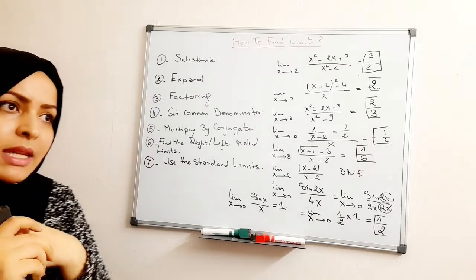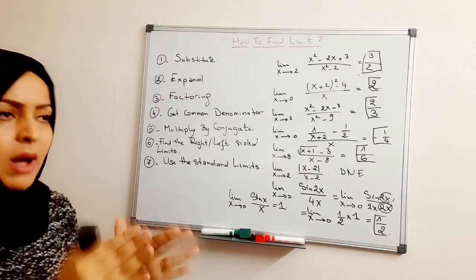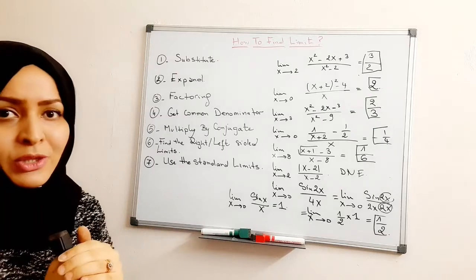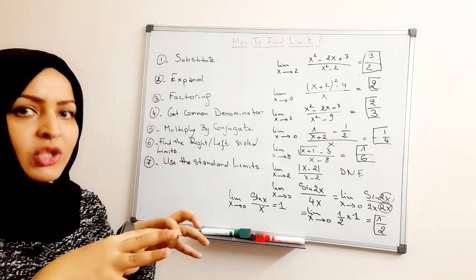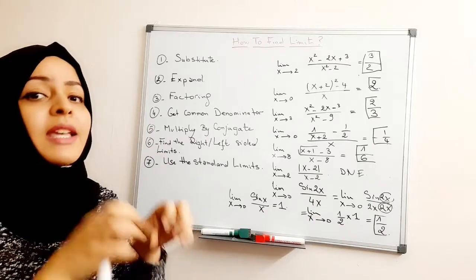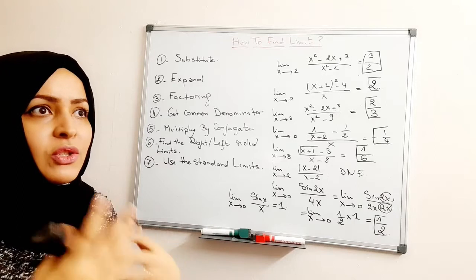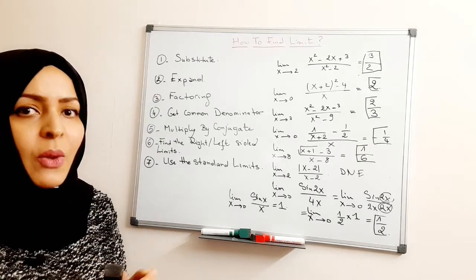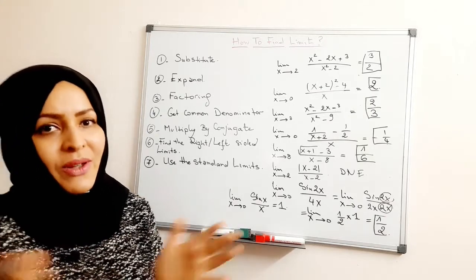So actually there is not one standard method that works for all the functions. Sometimes we have to look at the expression of the function itself. It will give us the answer of what method we have to use to find the answer. So that was all for this video.